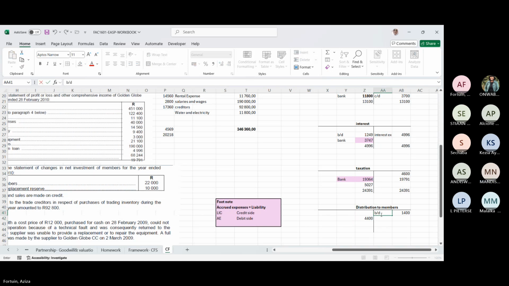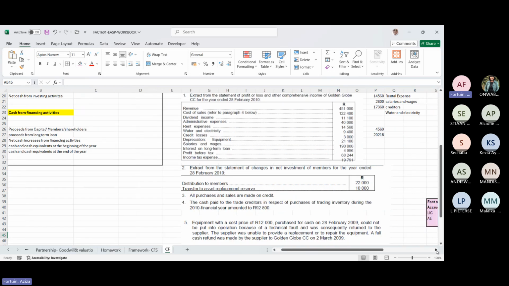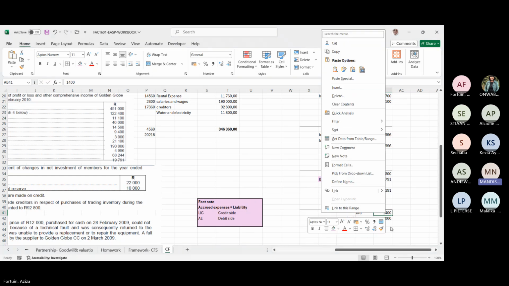Yes, ma'am. But the accounting will never be that easy, no? You're always looking for a missing number. And there they said to us in a statement of changes of distribution to members. You forgot about that. If you do your T account, you will be able to see that there's something missing. Oh, distribution. Oh, I didn't see that distribution.